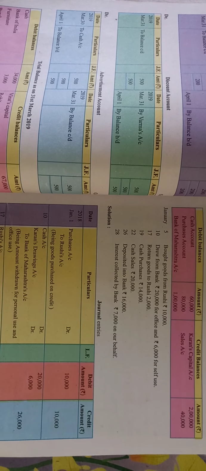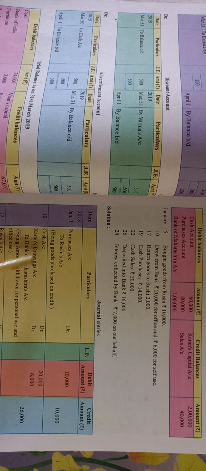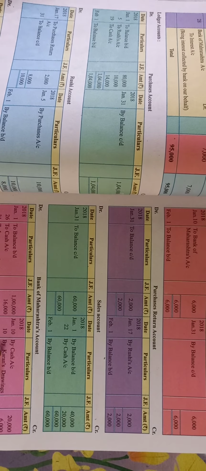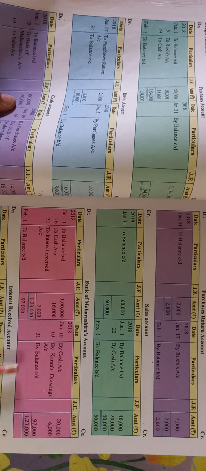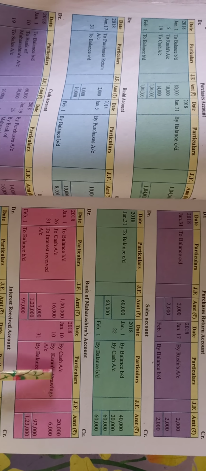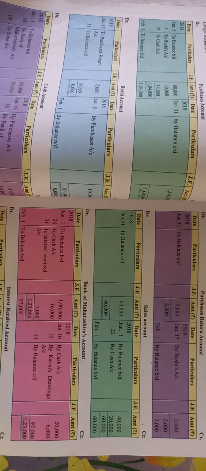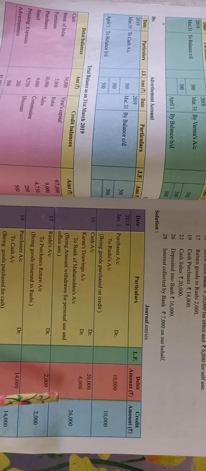Okay, and here Bank of Maharashtra credit side. So in Bank of Maharashtra credit, opposite we are posting by cash and by Kiran's drawing account. By cash account January 10th 20,000 and by drawing account 6,000. So here also the second journal entry is completed.